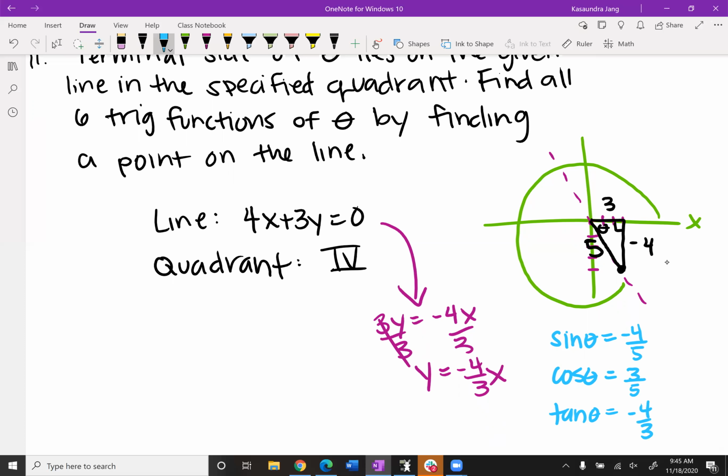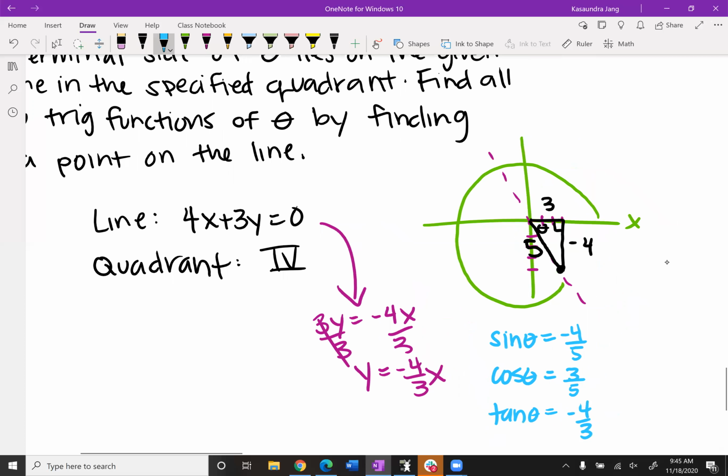If I know those 3, then I can get their reciprocals: cosecant, secant, and cotangent. Instead of -4/5, I get -5/4. Instead of 3/5, I get 5/3. Instead of -4/3, I get -3/4. So we found all 6 trig functions.